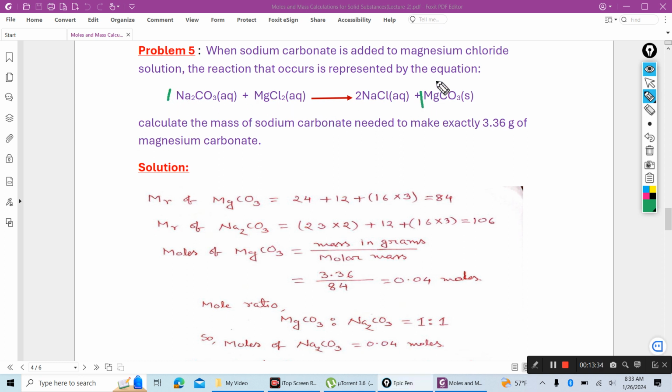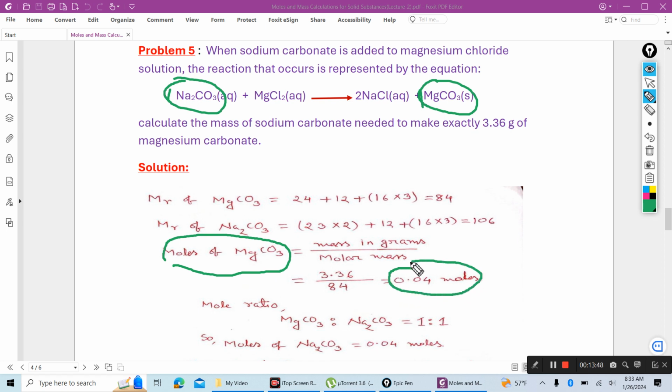I mean moles of magnesium carbonate will be equal to moles of sodium carbonate. I calculate here magnesium carbonate 0.04 moles. So moles of sodium carbonate will be same, 0.04, because their mole ratio is 1:1.